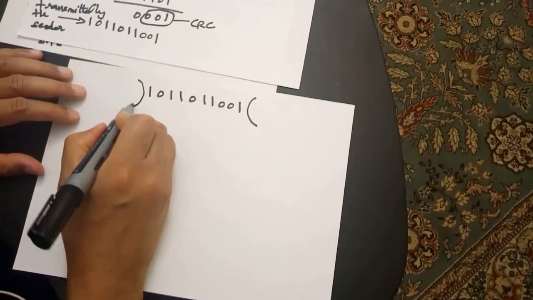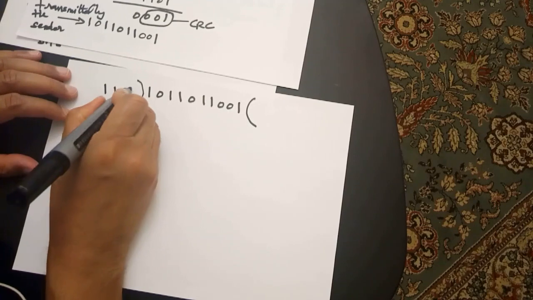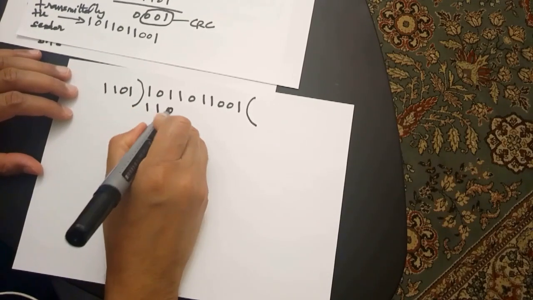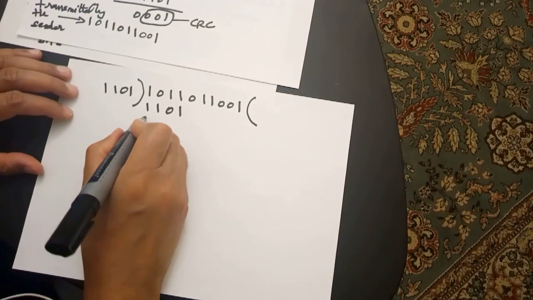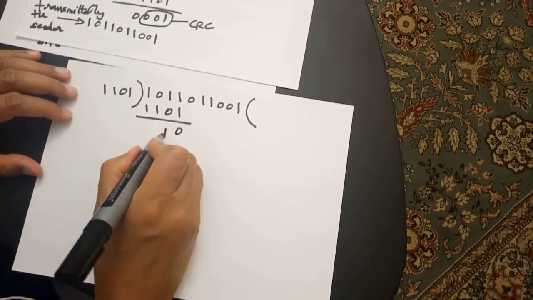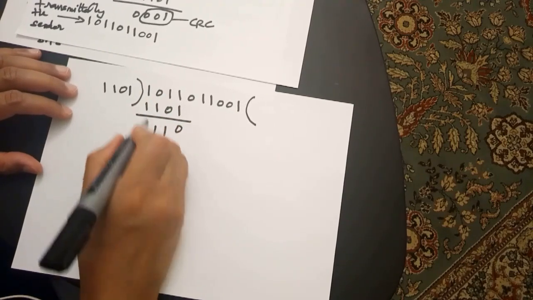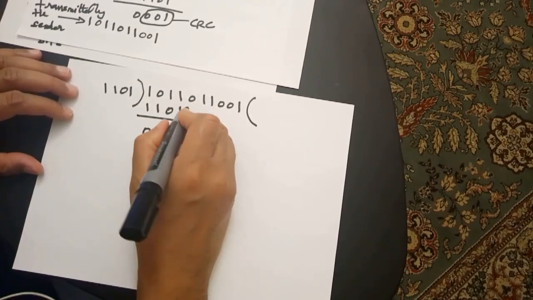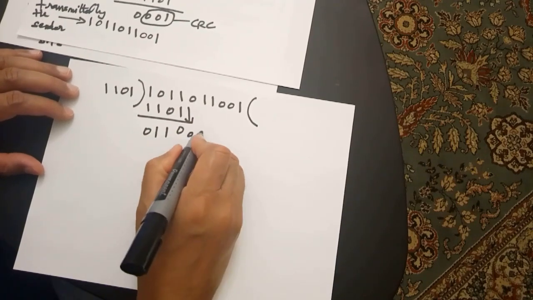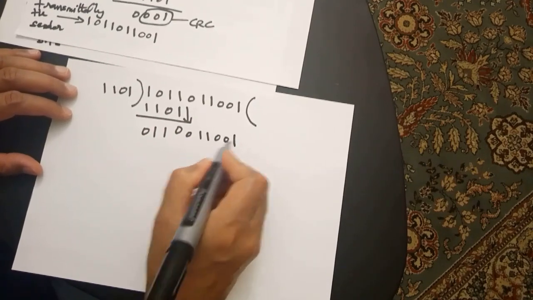So let's divide 1 1 0 1. So exclusive OR, start with the leading 1, 1 1 0 1. Okay, 1 1 is 0, 1 0 is 1, 0 1 is 1, 1 1 is 0, and copy the remaining string 0 1 1 0 0 1.